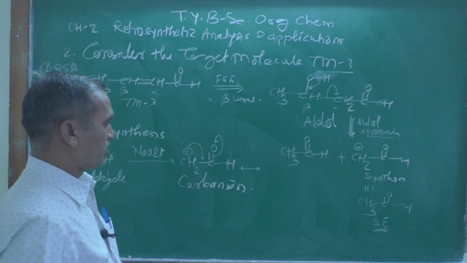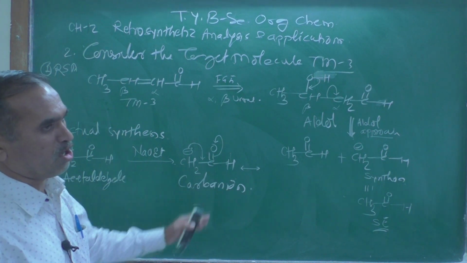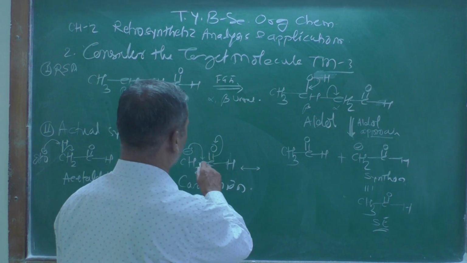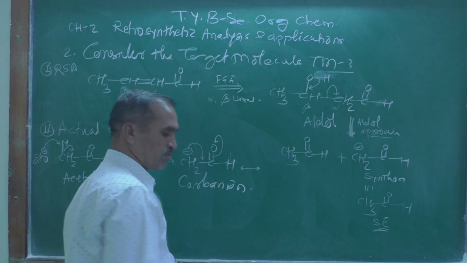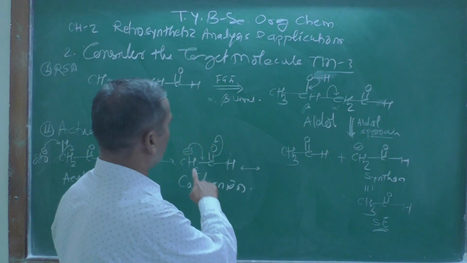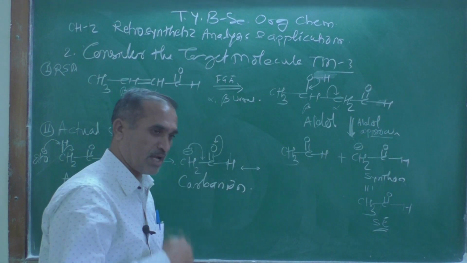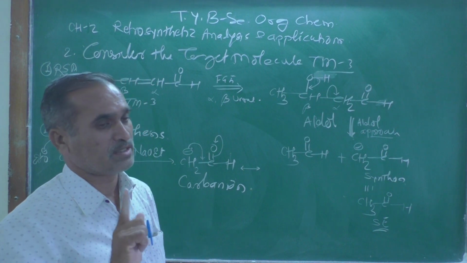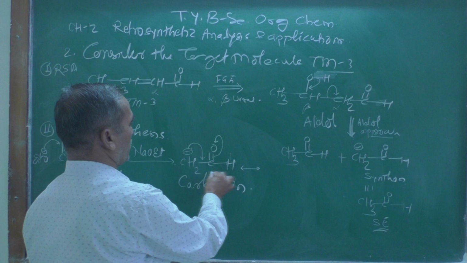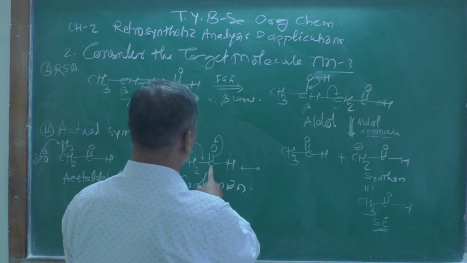This negative charge I am showing here is localized, and now I am showing this one. It means that this negative charge is not localized, it is delocalized due to the electron withdrawing group present adjacent to it.